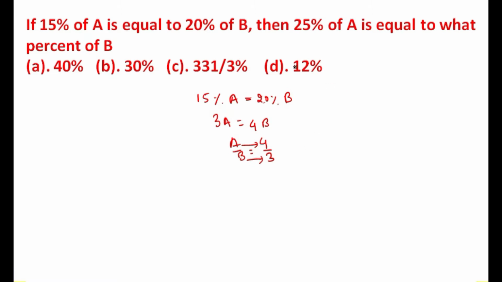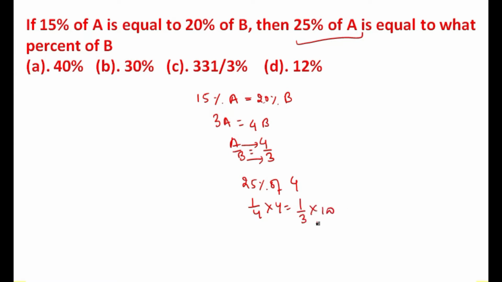And now it is asking that 25% of A. 25% of A is 4, so 25% means 1 by 4 into 4 equal to 1. So 25% of A is what percent of B? Means 1 by 3 into 100.